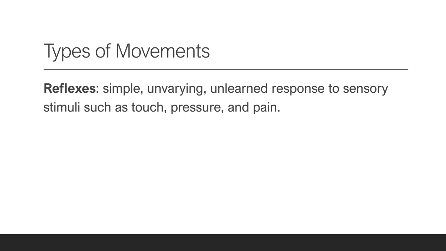Movements that do not require the brain are called reflexes. These are simple, unvarying responses. They don't have to be learned, and they're responses to sensory stimuli such as touch, pressure, or pain. So reflexes don't have to be learned and don't require the brain.